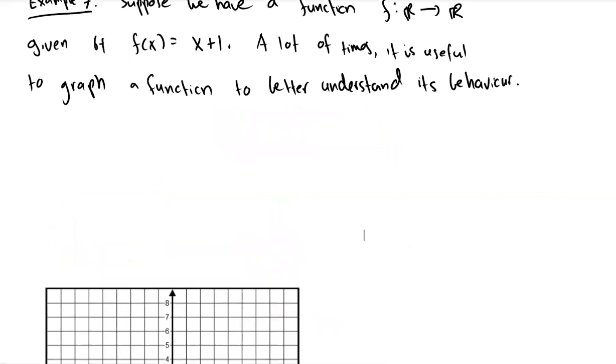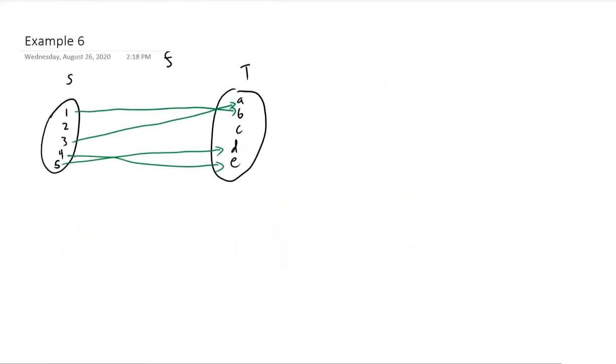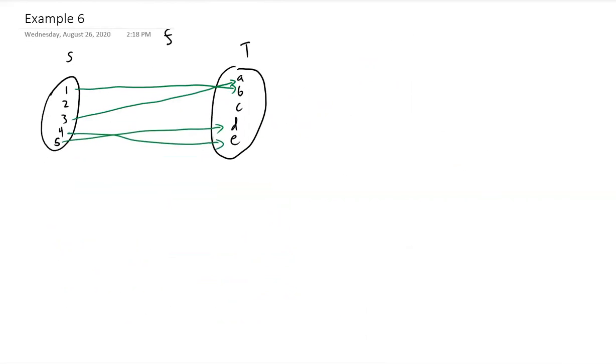Okay, now, let's do another example in which it's not the case that the domain is all of S and the range is all of T. So suppose we have a function F here. Notice that I've written it in this notation where we draw circles that represent the sets, and we draw arrows to represent the mappings of the elements of S to the elements of T. So if we look at this function, first of all, notice that it satisfies at least one of the conditions of a function.